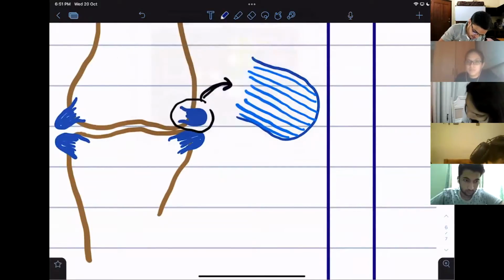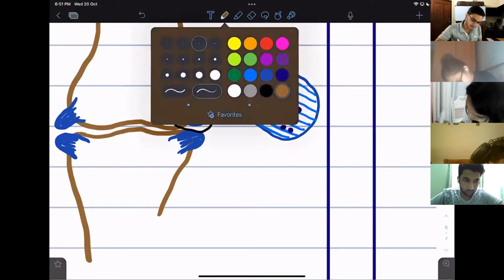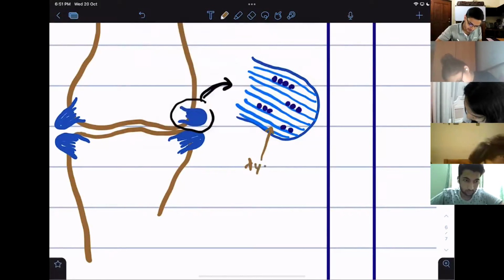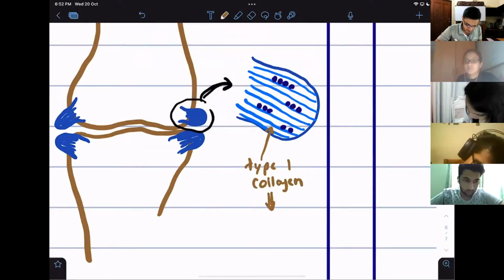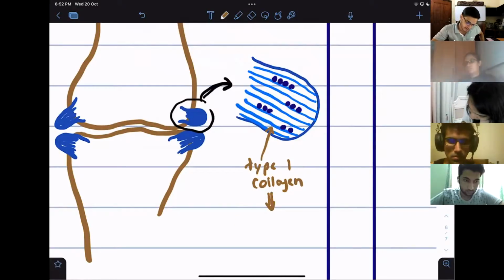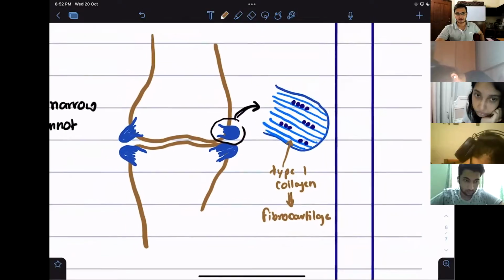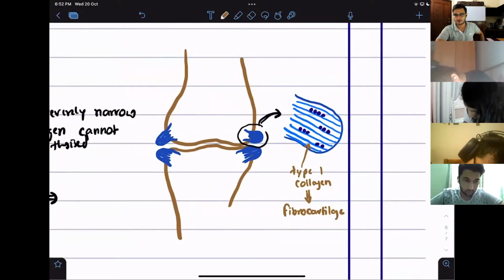The cells are also nicely in a row like this. This is type 1 collagen. And what type of cartilage is this? This is not hyaline cartilage. This is, guys, fibrocartilage, okay?